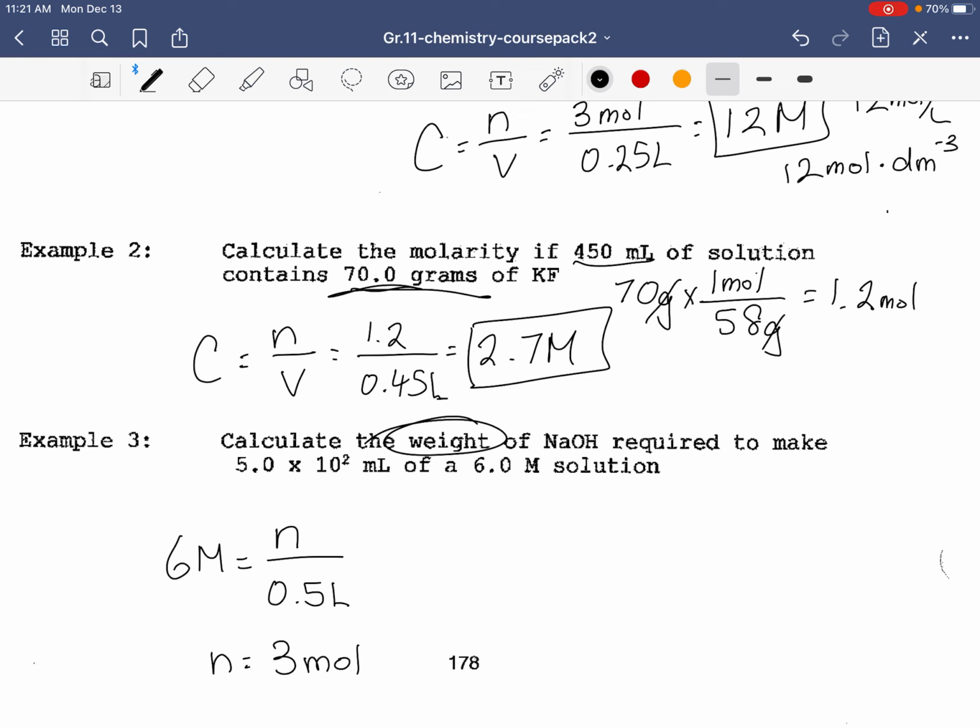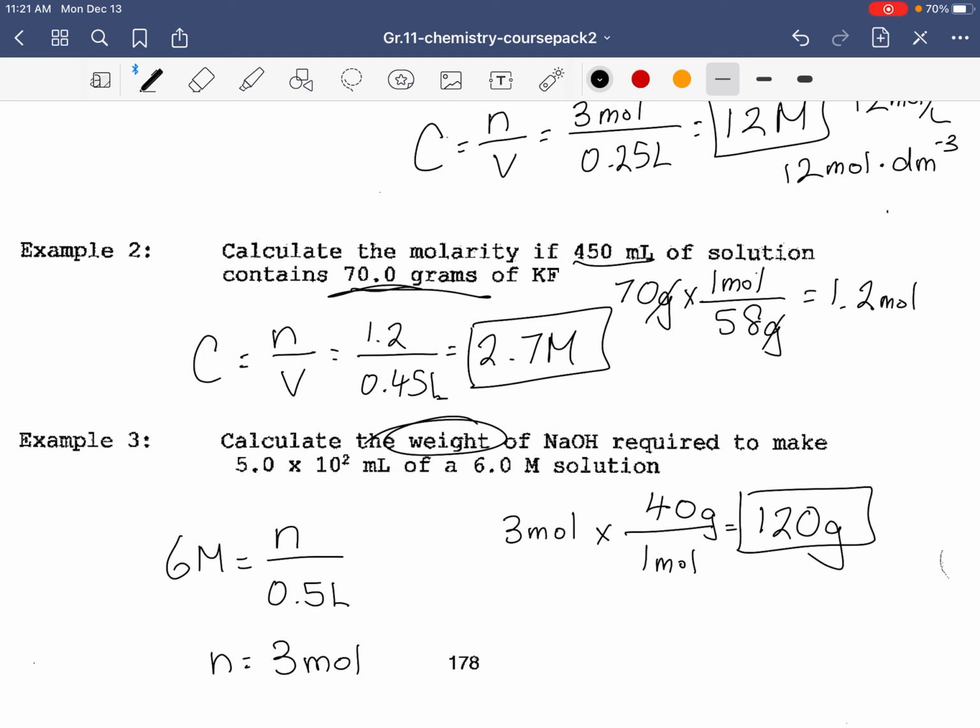How do you turn 3 moles of NaOH to mass of NaOH? Well, just like what we did before in the previous question, just going the other way. We're going to multiply by the molar mass of NaOH, which is 40. Okay, so your answer, of course, is 120 grams. But I don't like to do it like that. I usually like to do this using the factor label method.